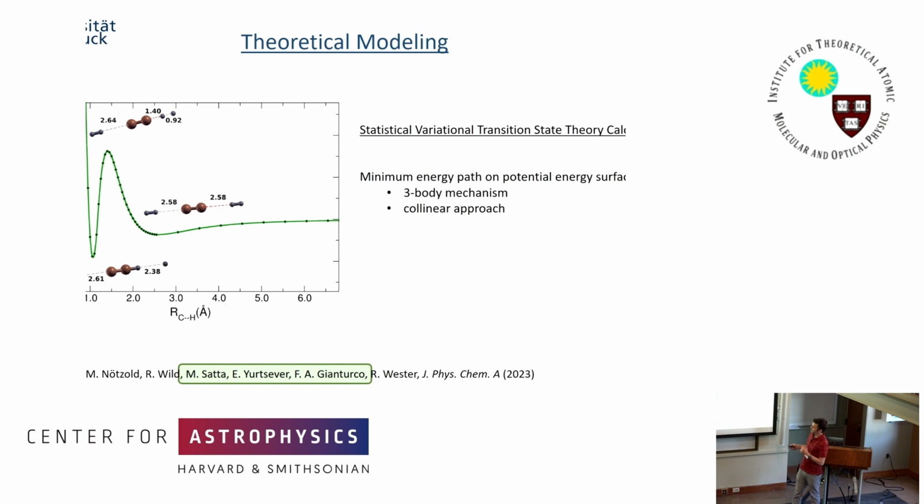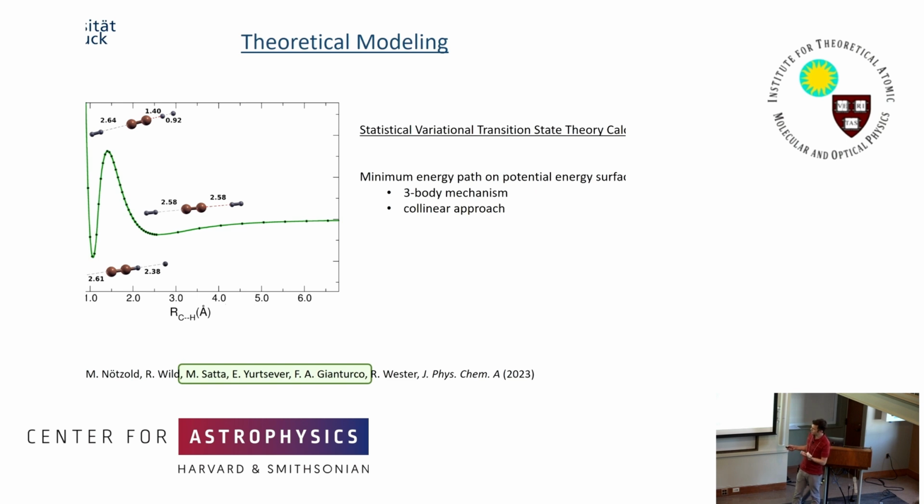And this minimum energy path is plotted here along the reaction coordinate. So this is the distance between the carbon and the H ion and atoms that will then be bound together. And so you have this little dip here, a barrier, and then the final reaction state. First of all, this was also done with 2 bodies.